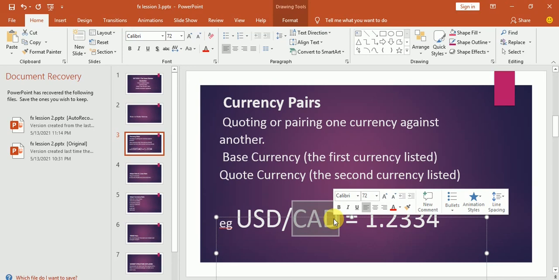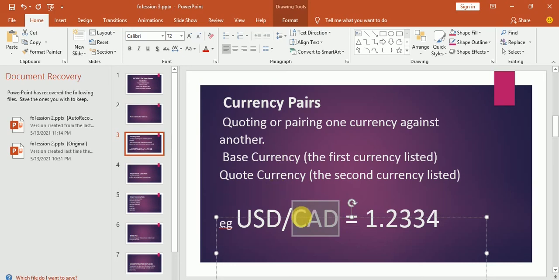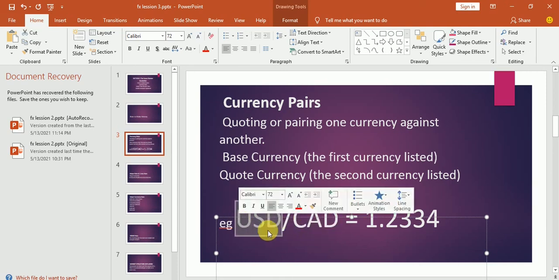To explain it as simply as possible, because sometimes people get confused about this: this quote currency is assumed to be the currency you have, whereas this base currency is the currency you want to buy.